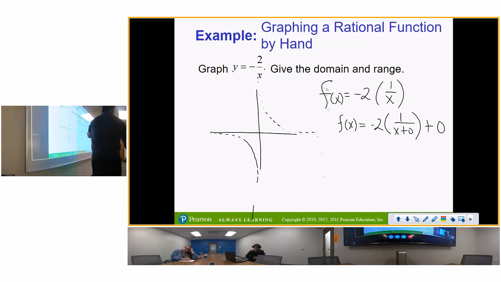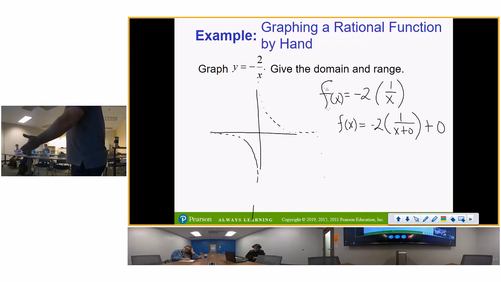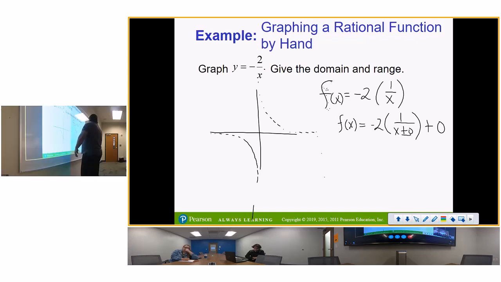Now what I've just done is I've put it in the form that we've been studying for the last 2 chapters. So what is my horizontal shift? 0. What is my vertical shift? 0. So what's the only thing that changes? Well, I'm going to take my handy dandy highlighter and I'm going to highlight that guy. And then I'm going to highlight this guy.